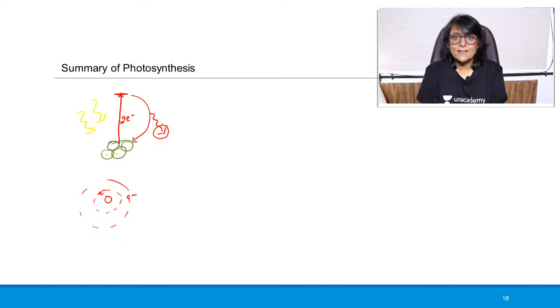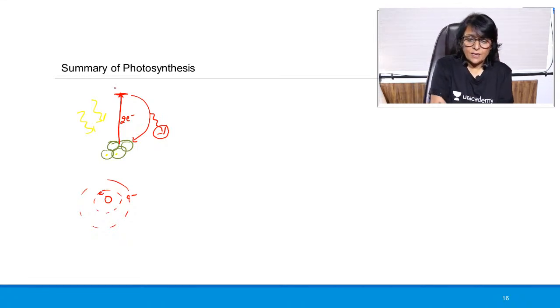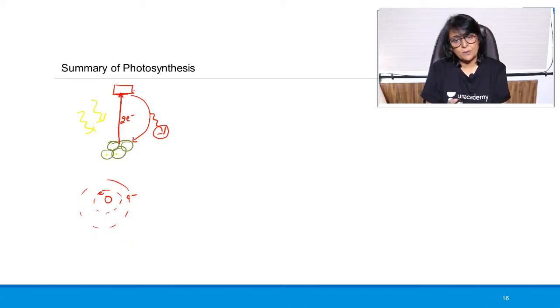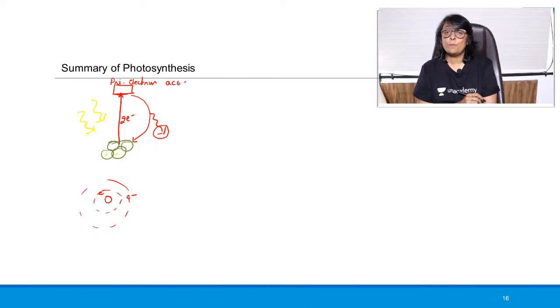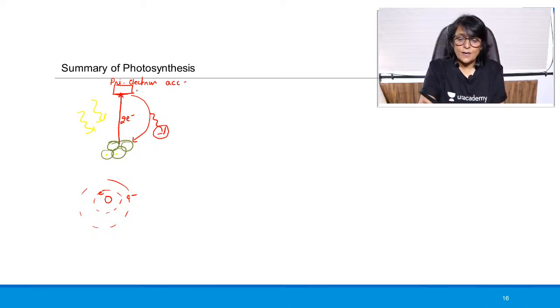So what happens in light reaction is, here there is an electron acceptor which is called the primary electron acceptor. And this primary electron acceptor then passes that electron through some molecules.